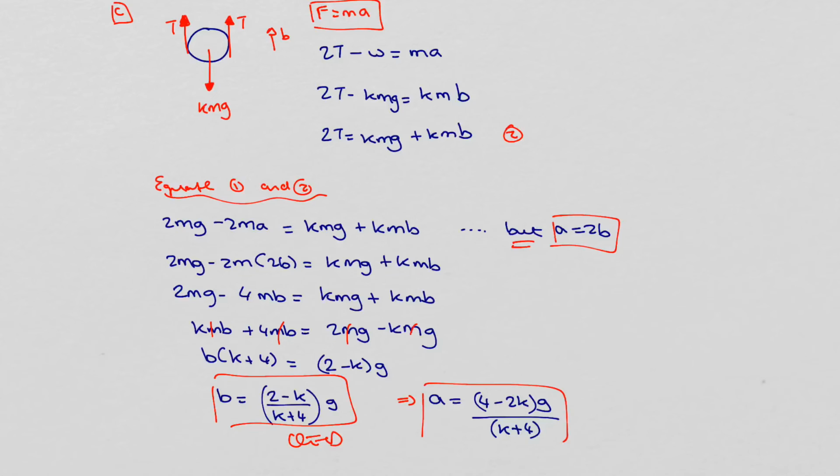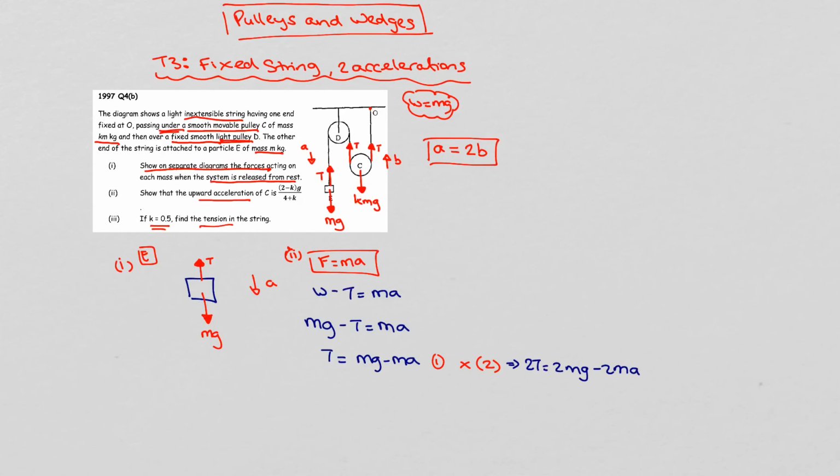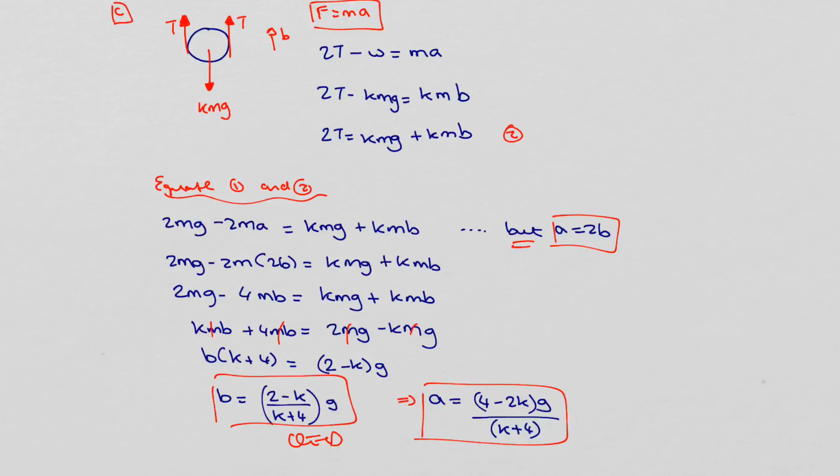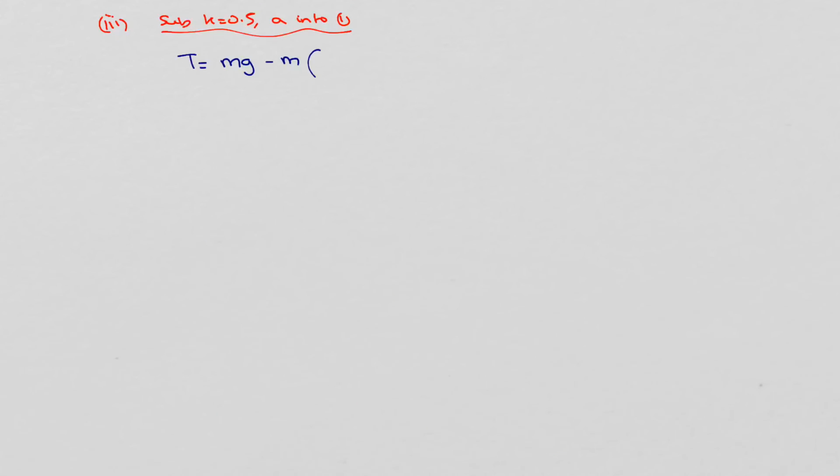And therefore I can sub a into the first equation. So I'm going to sub k equals 0.5 and a into equation 1 to work out what the tension is. So my tension, if I go back, is mg minus ma. But a we've just worked out to be 4 minus 2k.